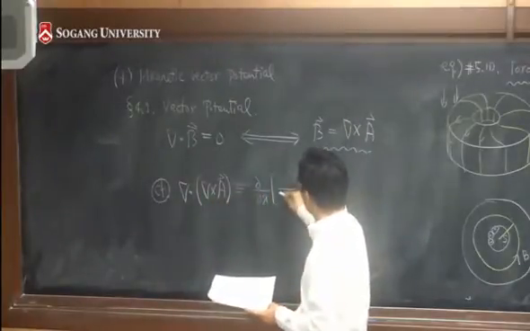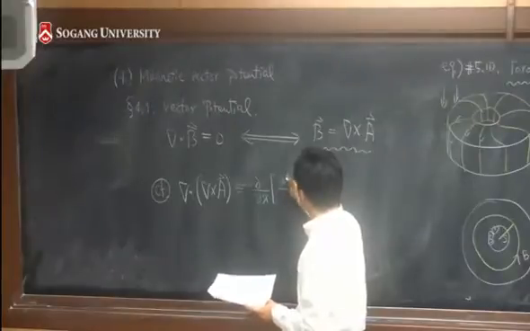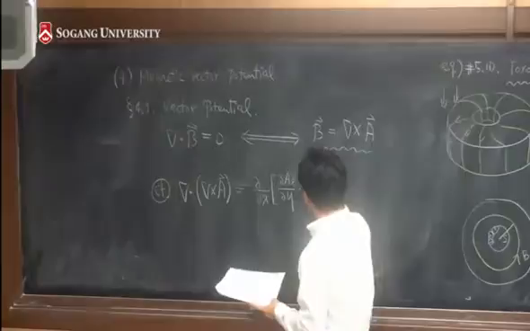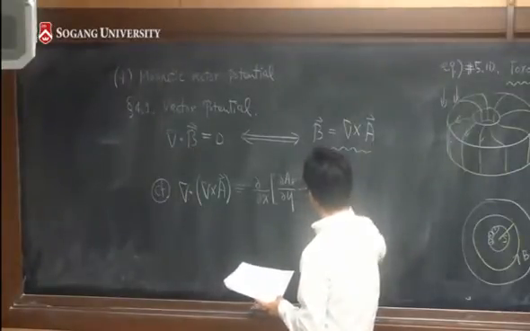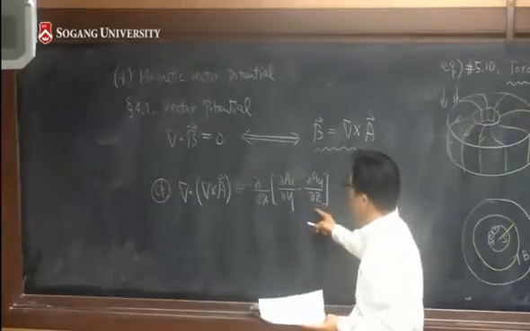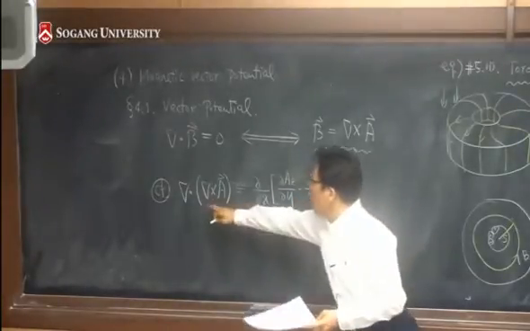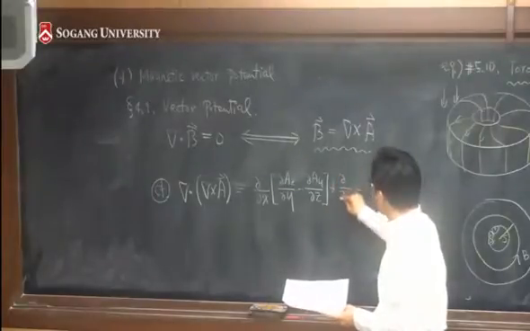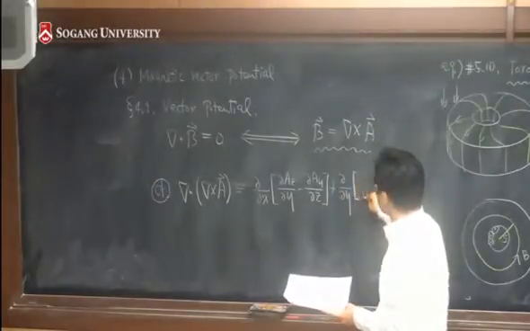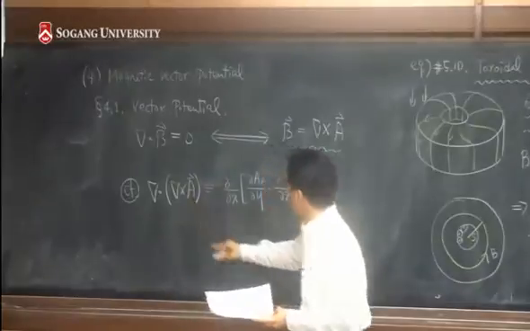Round Az of round y minus round Ay of round z. Okay, so this is the x component of the curl of A, and the second term will be round y, and the y component of the curl of A will be what?